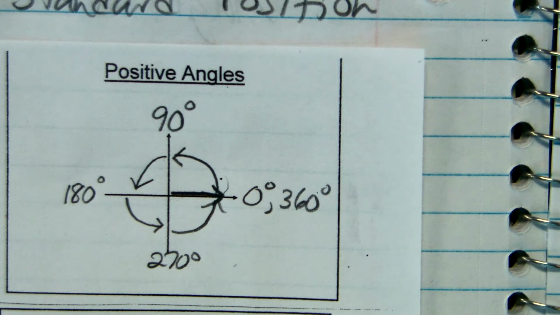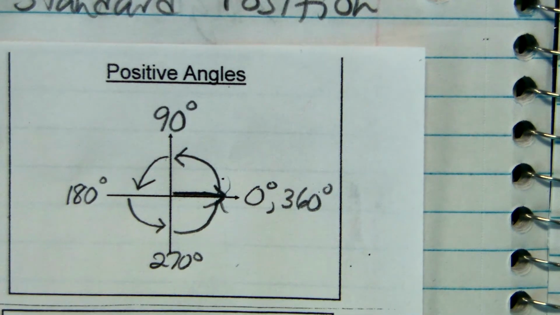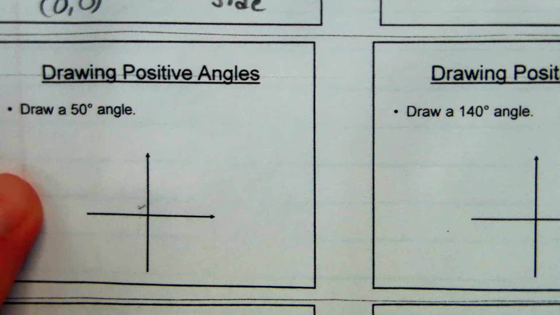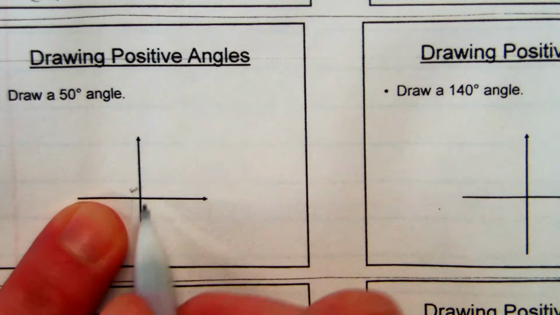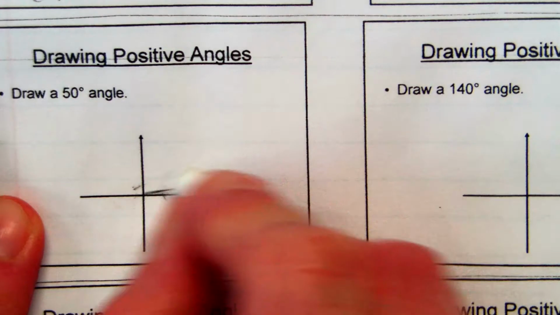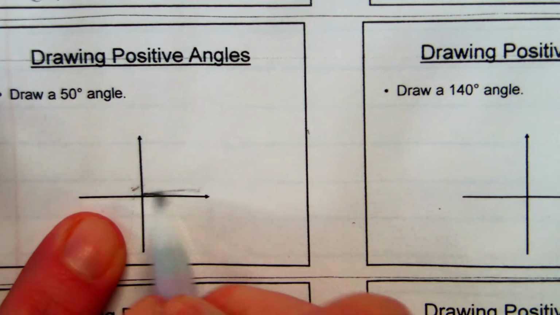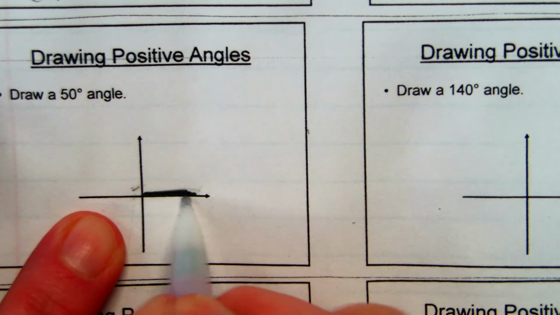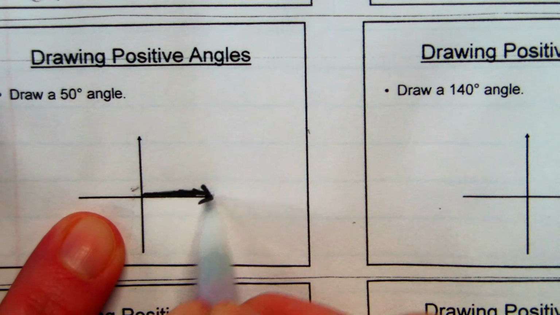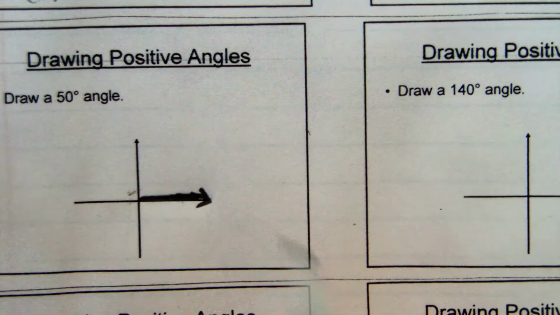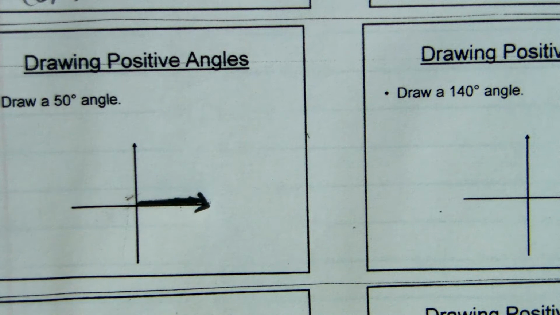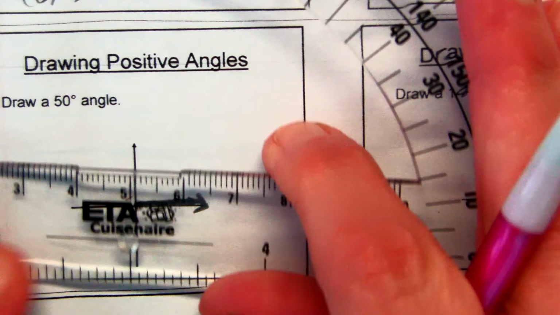All right, so we're going to start with some simple angles. On this first one, it says draw a 50-degree angle. My initial side is always going to be right here. This is the first side of my angle, so I have to draw that side first. You have an arrow on it because it goes forever. Then you'll take your protractor.